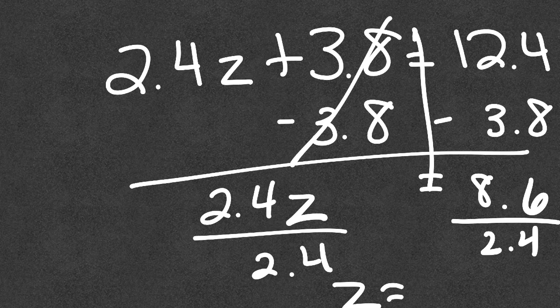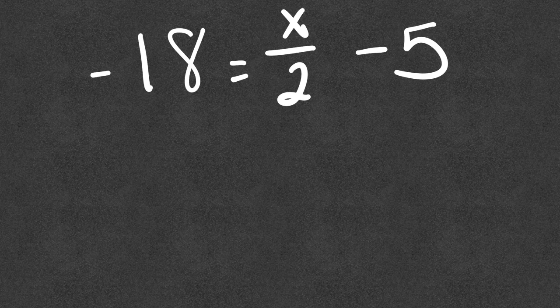So this would be 3.583 thousandths with the 3 repeating. Okay, and this one would be hard to check because of the decimals. I will tell you the one that is on your practice, it does not come out to be an ugly number with a repeating decimal.